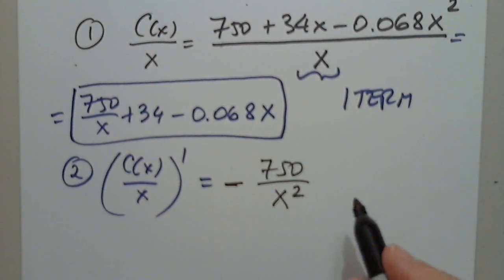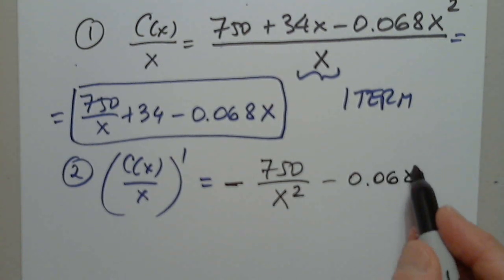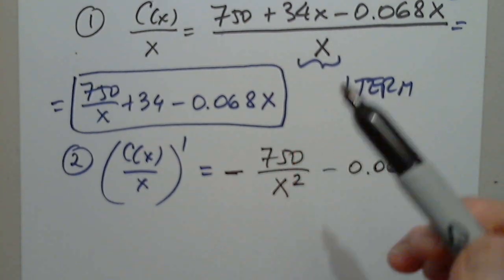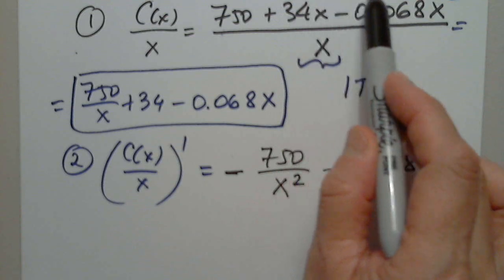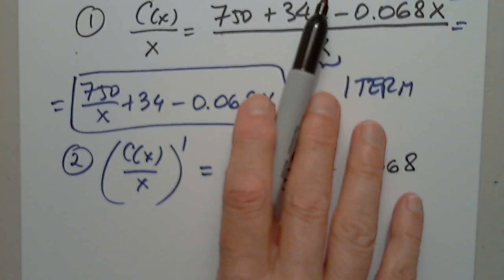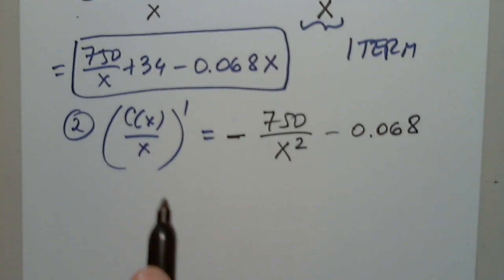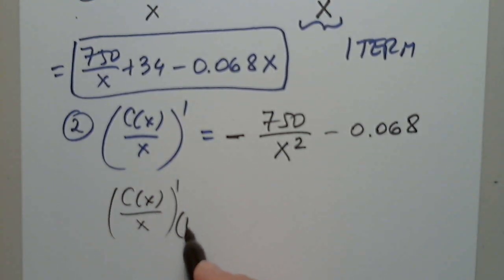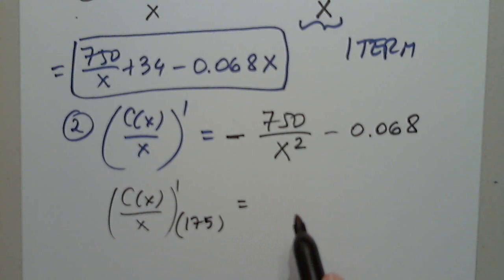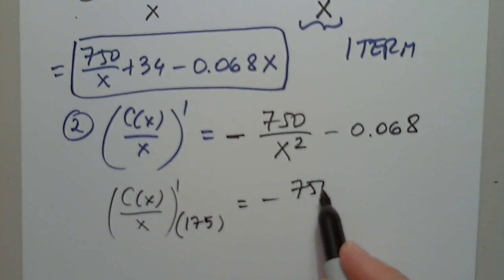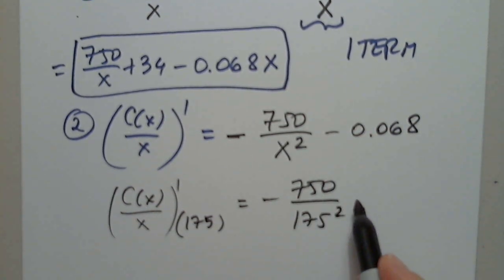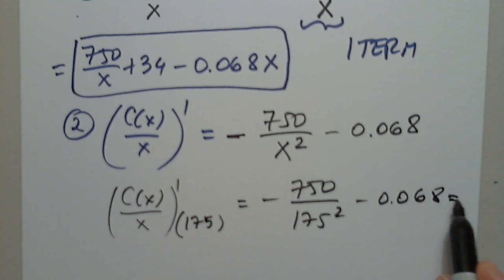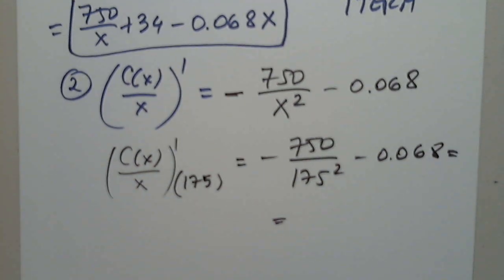When we differentiate this, we get negative 0.068. All we have to do is find what happens to this when x is 175. So C of x over x for 175 is negative 750 over 175 squared minus 0.068.